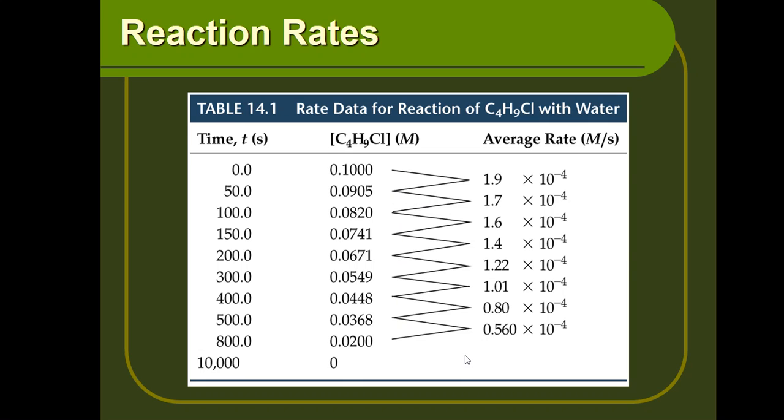Notice that it will be very different from the values that you have here. As such, when we speak of average rate, it is only good for the duration of time in which you are measuring it. That's average.